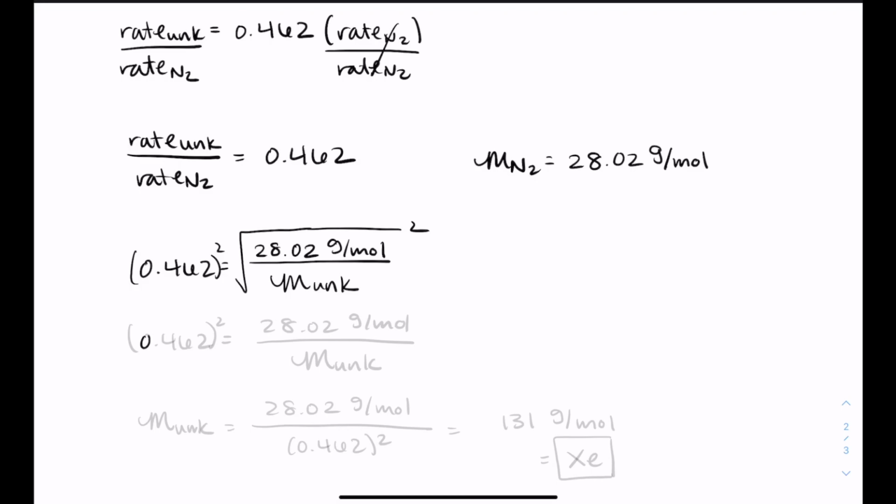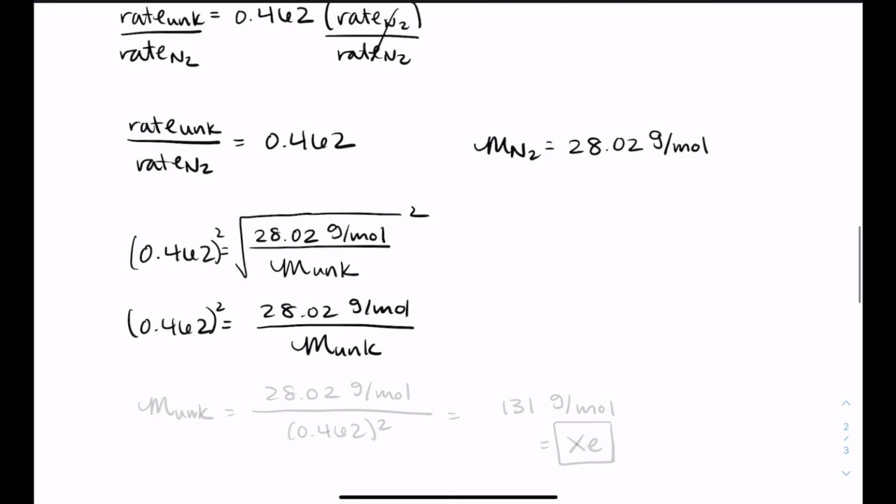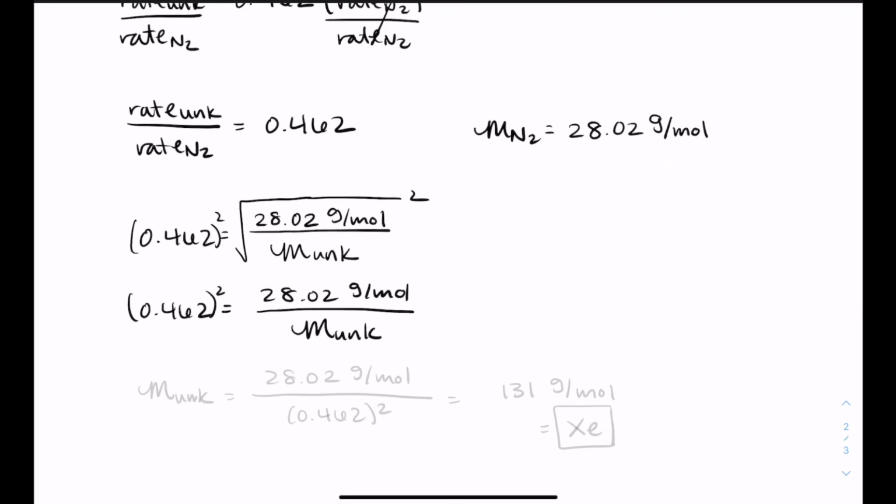And if I rearrange this a little bit, I end up with 28.02 divided by 0.462 squared. And this would be 131 grams per mole. The only reason that I can then identify this is because I'm told it's a monoatomic gas. So that means I can just look for a molar mass of 131 in the periodic table. And if you do this, you will find that xenon has this molar mass.